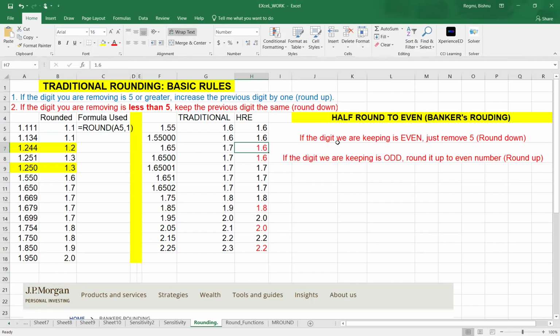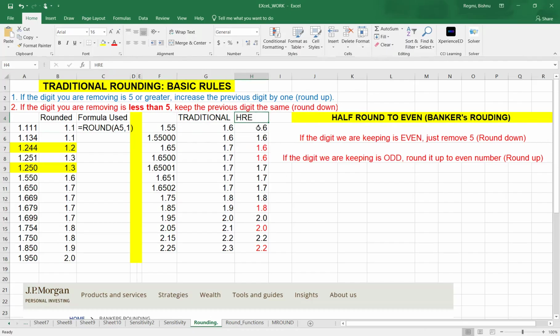What it says is if the digit we are keeping is even, that is 6 is even, we just remove the 5, this is round down. But if the digit we are keeping is odd, then we have to round off. Here 1.55 goes to 1.6, and they are exactly the same in the traditional method and half round to even method.